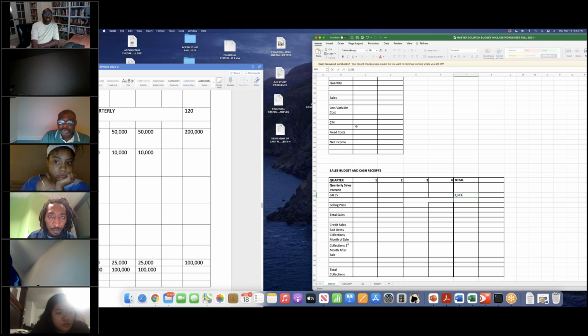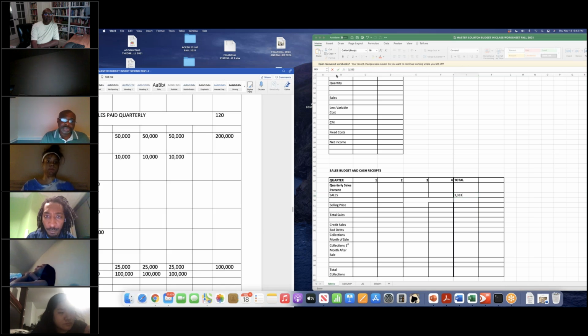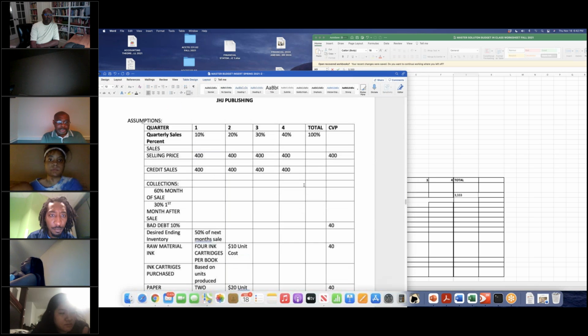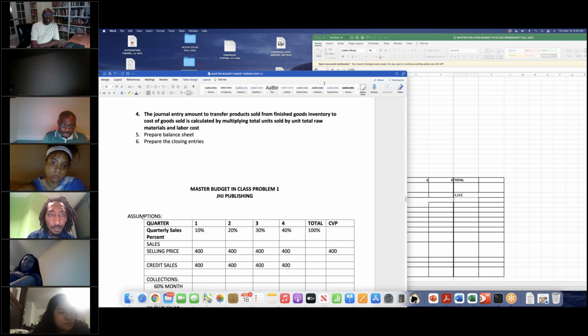Then we have to put those percentages in for collections. And they were 10, 20, 30, and 40.